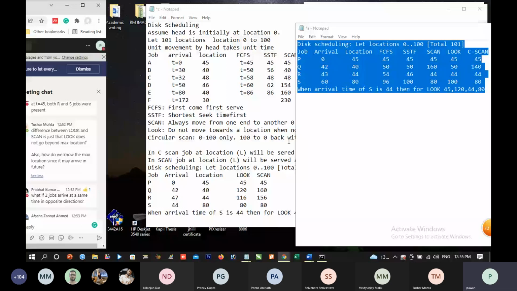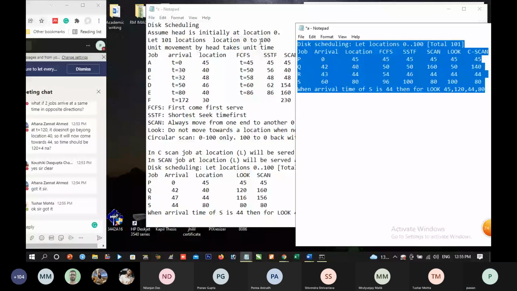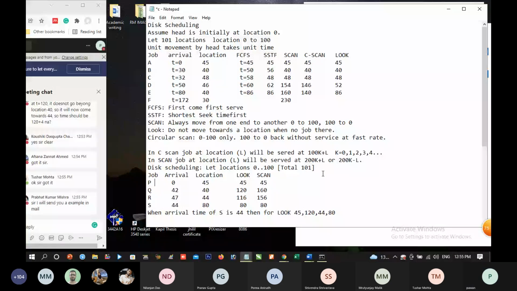Any doubt now? So I am putting it everything in the chart. Maybe that there is some mistake.